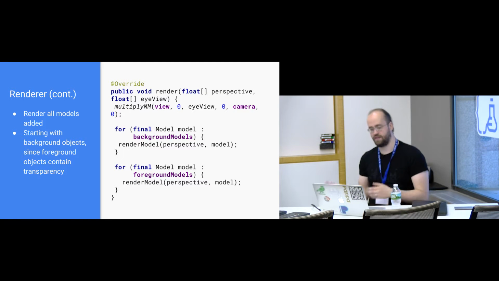Why? Because if you're rendering a transparent model and there is something behind it, but you render the one behind it after the transparent model, you will not see through the transparency.